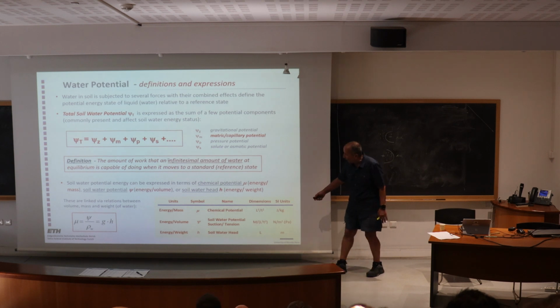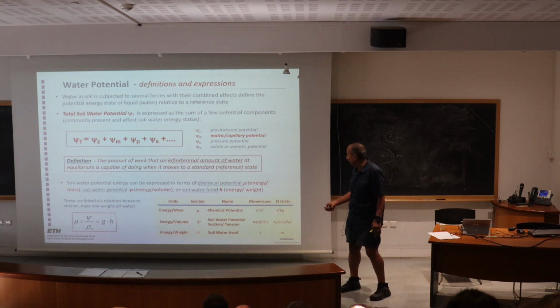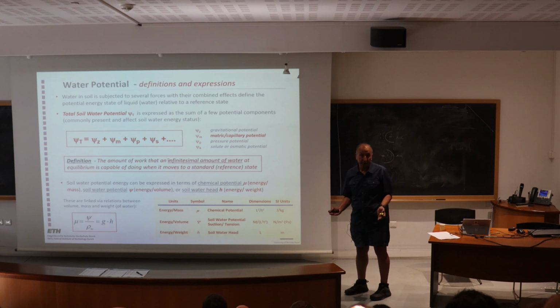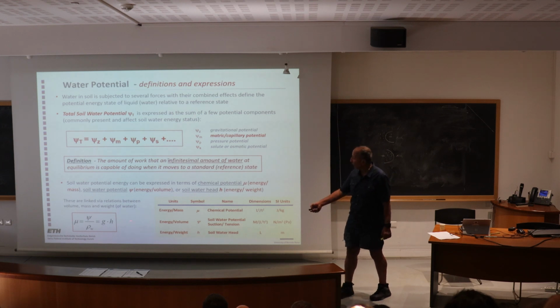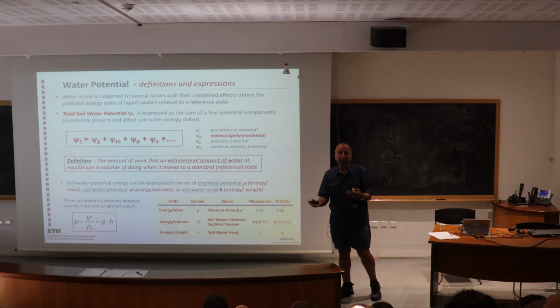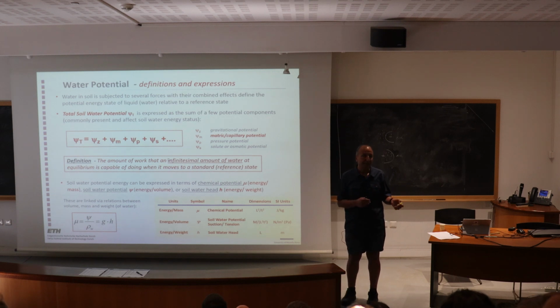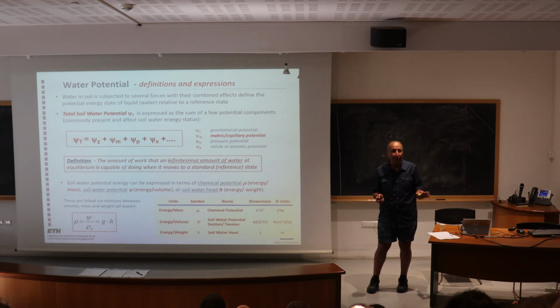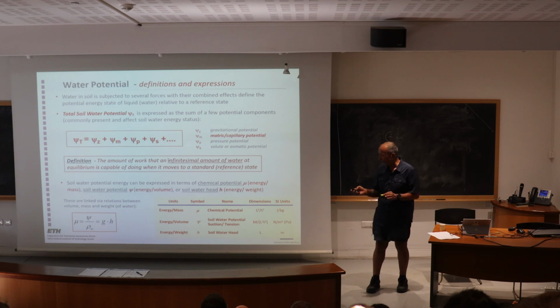Good. So we can call it the chemical potential. If it's energy per mass, it's usually expressed in units of joules per kilogram. If it's energy per volume, we end up with newtons per meter squared, or pascals. And if it's energy per weight, we end up with units of head, lengths in meters. And these quantities are related to each other via the relationship between volume, mass, and weight. Questions so far? These are just the definitions.